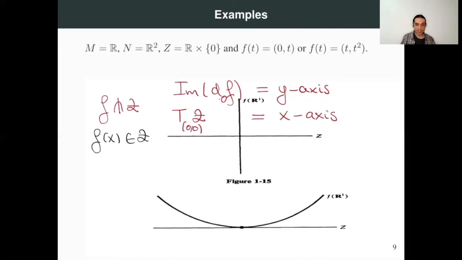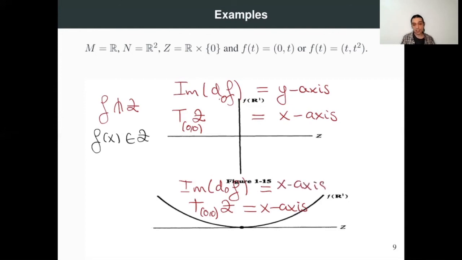In our second example, the unique value of t such that the image belongs to the x-axis continues to be 0. And so we have to calculate the image of the differential of F at 0 and the tangent space of C at the origin. Here we have that the second one is the x-axis, but the first one is also the x-axis.